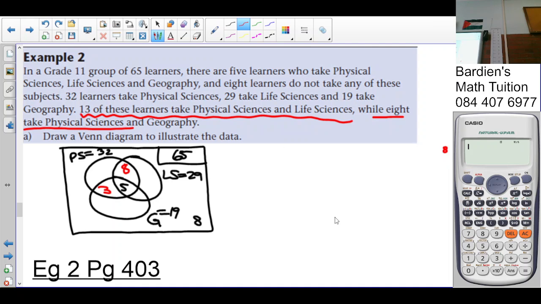Alright, so what can be calculated at this point? The number that does physical science only. Not so. So we know that that plus that plus that plus that adds up to 32. So in other words, it's the same as saying 32 minus 8 minus 8.